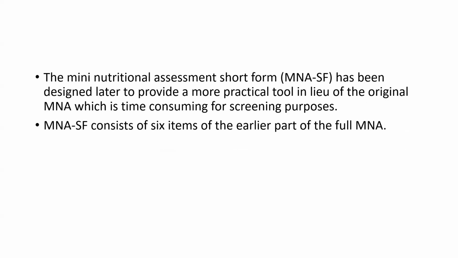Mini Nutritional Assessment short form was designed later to provide a more practical tool in lieu of the original MNA, which is time consuming for screening purposes. The short form consists of 6 items from the earlier part of the full Mini Nutritional Assessment.